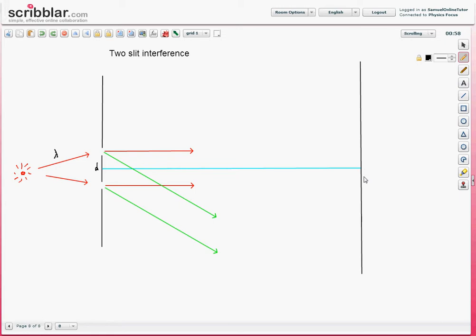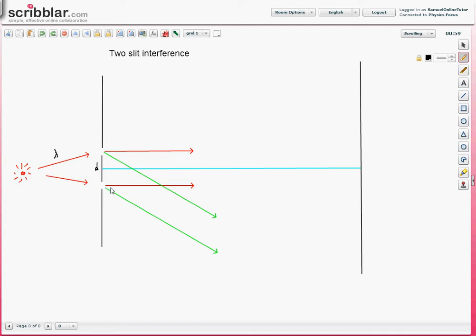But the distance between the two slits, if we're talking about light, is typically measured in nanometers, and the distance from the slits to the screen is typically the other side of the room, several meters. So the fact that they're not quite parallel is negligible. We can ignore that effect, and it makes it a lot easier to work out if we assume that they are parallel.